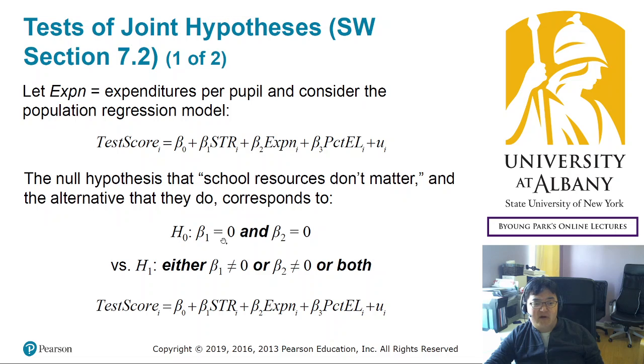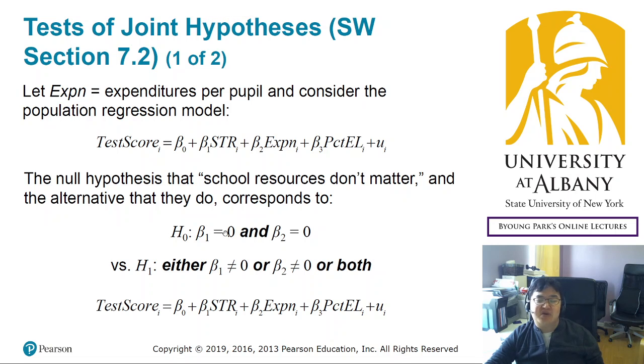If this null hypothesis is not rejected, that means you don't need to spend any money on the school, and it has no impact on the test score, at least. Any expenditure, any investment on students has no impact on the test scores. So we would like to reject it to say something. We are going to test it, but its test is not straightforward.